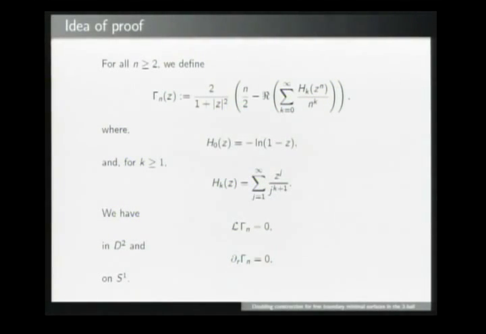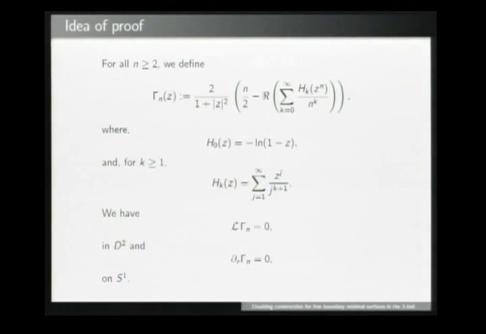What you have is that as n tends to infinity, gamma n starts with a large constant, n over 2, and then there will be a log term singularity, and then some garbage which is bounded independently of n. So in particular, this function gamma n is cooked up in such a way that the linearized operator applied to gamma n is equal to 0, and it has 0 Neumann data.